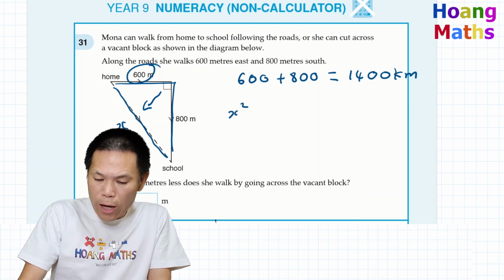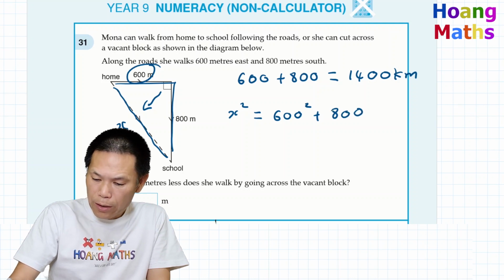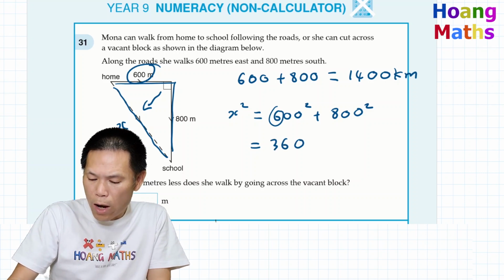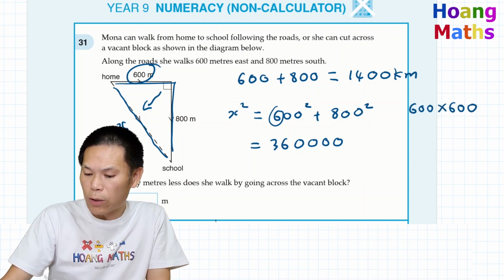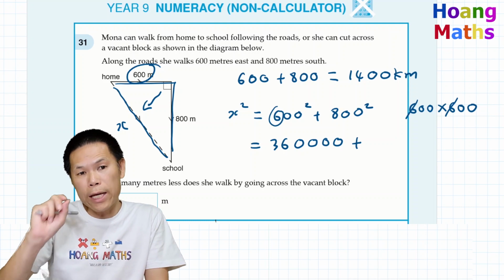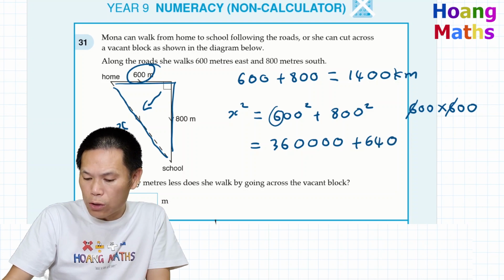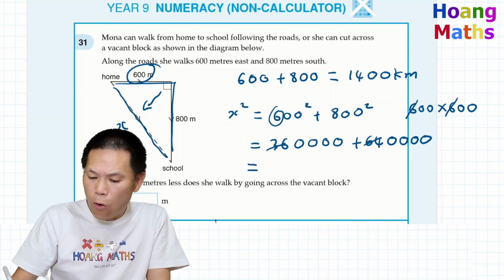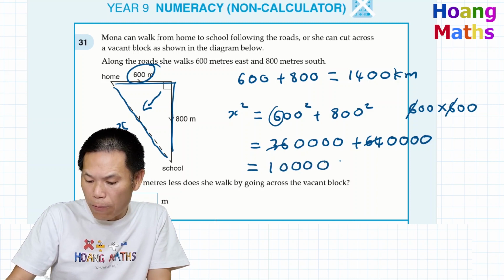Now to work out this distance here, we use Pythagoras' theorem because it's a right angle triangle. So x squared is equal to 600 squared plus 800 squared. 600 squared is 600 times 600, so 6 times 6 is 36, and we add 4 zeros. Similarly, 800 squared is 800 times 800, so 8 times 8 is 64, and we add 4 zeros. So 36 plus 64 gives me 100, and the 4 zeros we just write down.